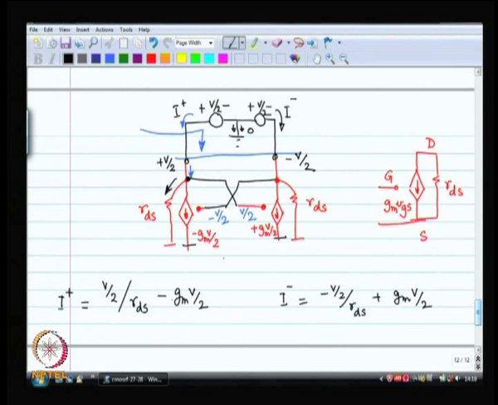So, then what do I have here? I apply a plus V by 2 somewhere and it is taking a current I plus. So, what is the resistance looking in?